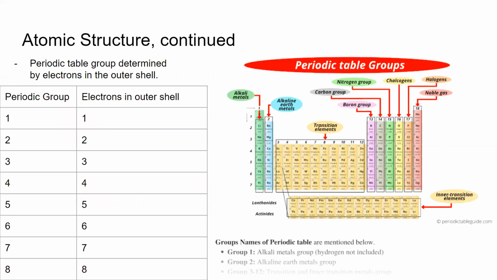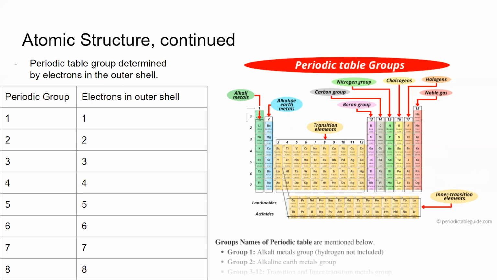In the periodic table, elements are grouped based on how many electrons they have in their outer shell. The groups go from left to right on the diagram seen, where the transition elements in the middle are not defined by how many electrons are in the outer shell, as these act differently.